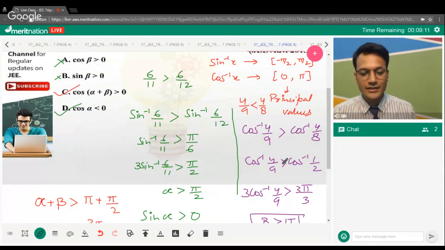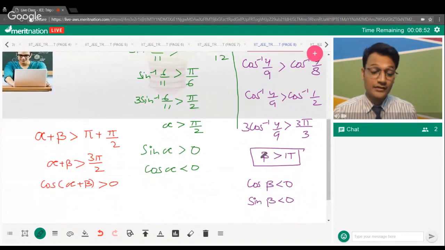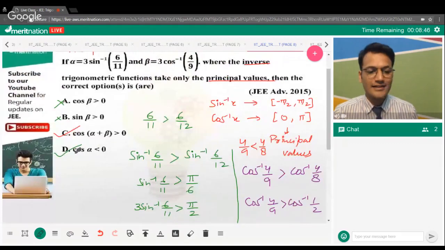So this will be a higher outcome than pi by 3, so this turns out to be greater than 3 times pi by 3. So beta is greater than pi. Therefore, beta lies in the third quadrant, wherein cos beta is negative and sin beta is negative. So the correct answers are C and D.